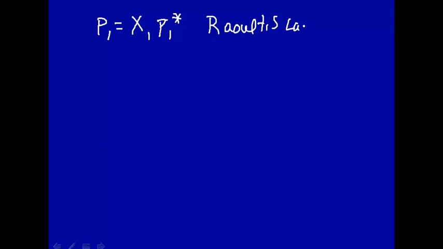We know that the pressure of component 1 above the solution is the mole fraction in the solution times the vapor pressure of pure 1. This was Raoult's law. We also know that the partial pressure of 1 above the solution is the mole fraction in the vapor times the total pressure. This is Dalton's law.